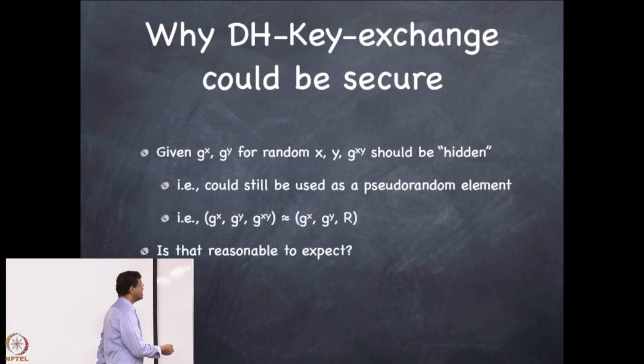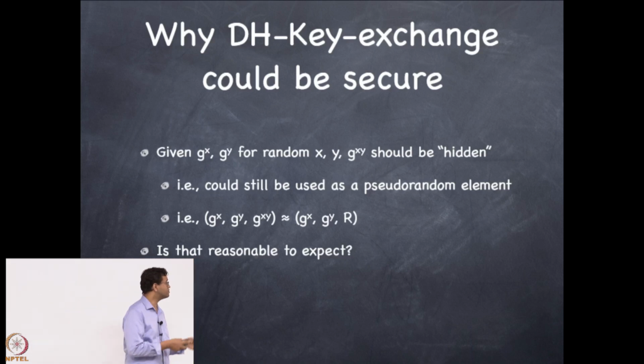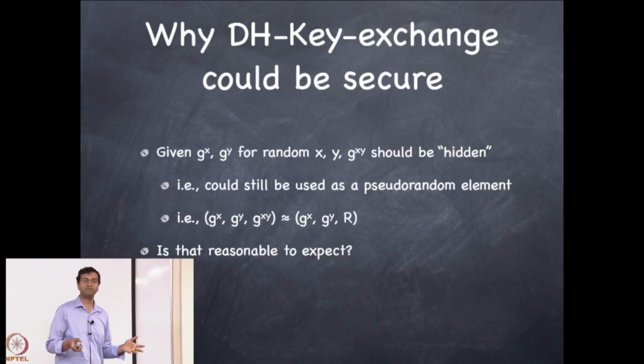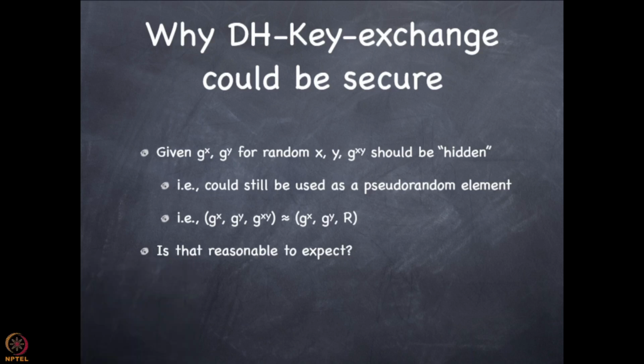Or, what we want is this: g to the x, g to the y, and g to the xy, if I give you as a tuple, it looks indistinguishable from g to the x, g to the y, and some completely independent random element r. So if you could say these two distributions, when you pick x and y at random, are computationally indistinguishable, no feasible adversary can have a non-negligible advantage in guessing where the sample came from, then we would be in business. But is that reasonable to expect?